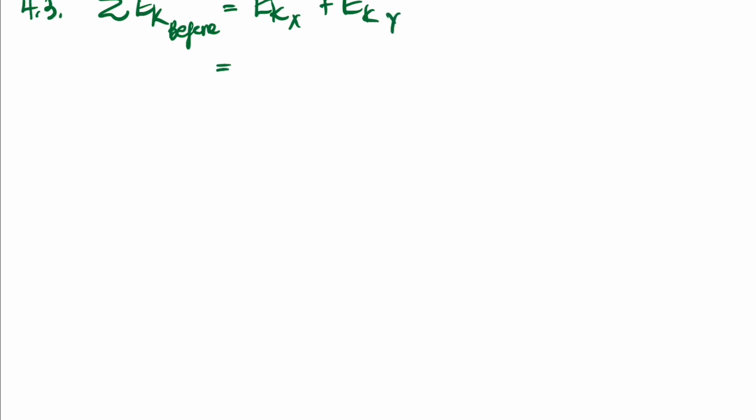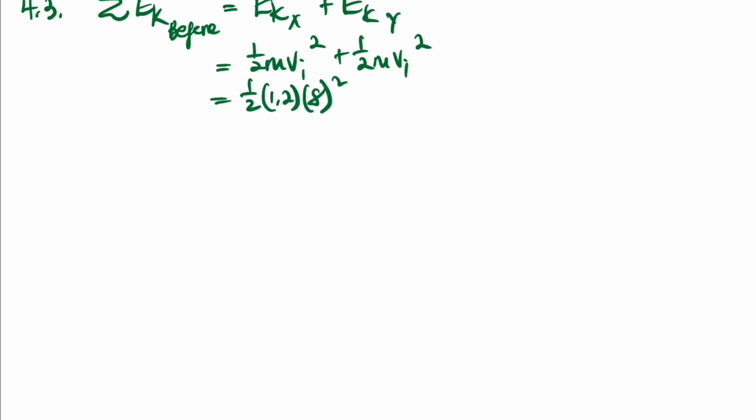Right now, this is 4.3. We're going to calculate the total kinetic energy before. So it's going to be the kinetic energy of trolley X plus the kinetic energy of trolley Y. The kinetic energy of trolley X is half mv initial squared, plus the kinetic energy of trolley Y. The mass of trolley X is 1.2, its initial velocity is 8 squared.